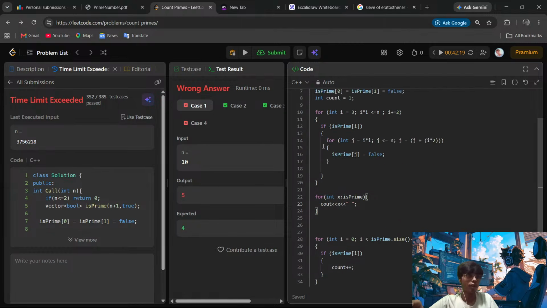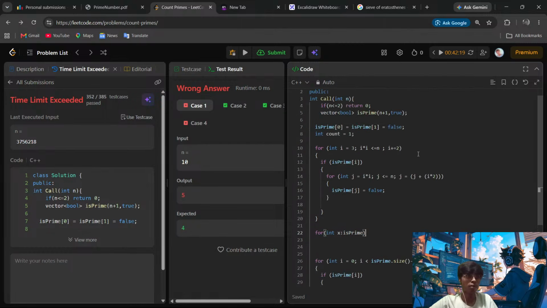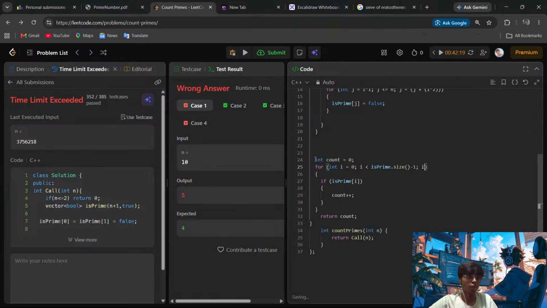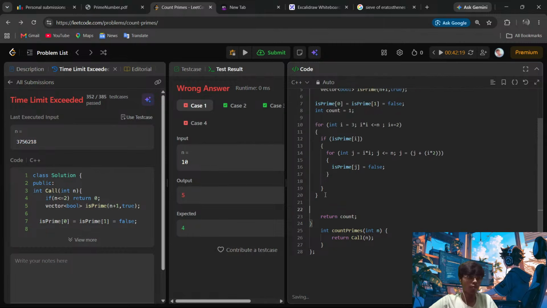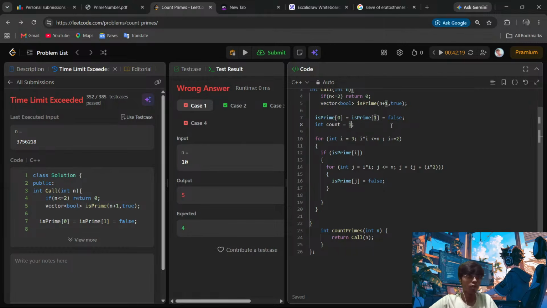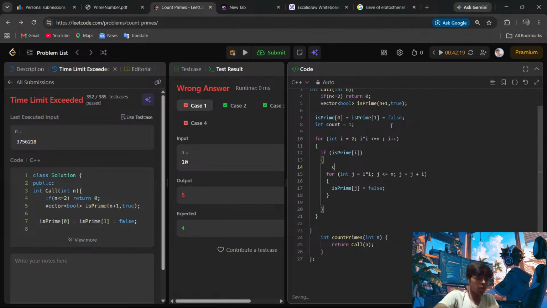I will remove this counting, int count, and do i plus plus. j is equal to j plus i, and I will increase the count here, plus plus, and that's it.